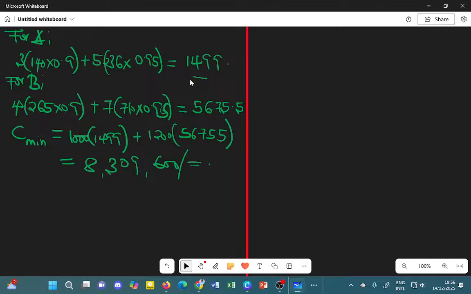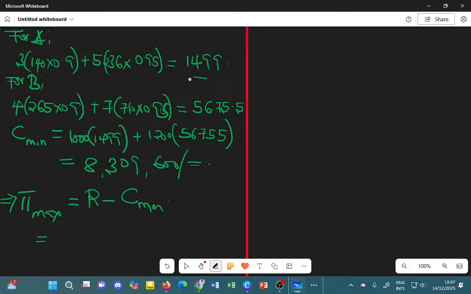That is the minimum. That should then imply that the maximum profit, because that symbol represents profit, will then be the expected revenue minus the C minimum.